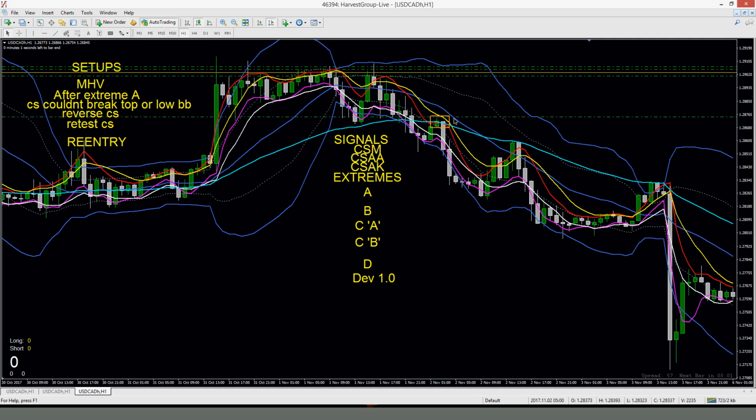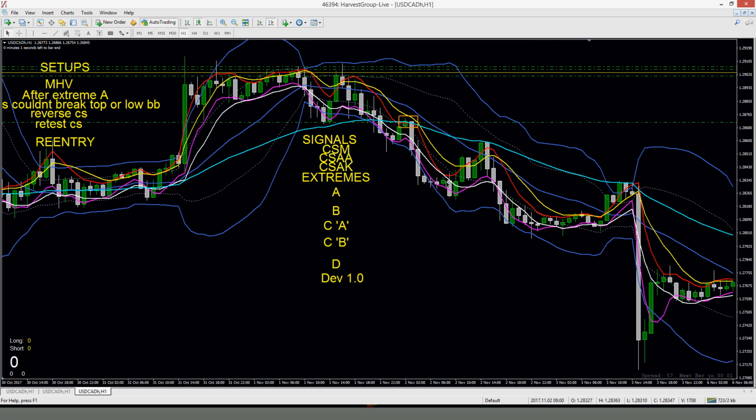So let's say, for example, you entry sell again at this point. Okay, then there's another CSM, so you hold sell, and then finally you see this one, MA5 rejected, sorry, the candle rejected MA5. So let's say, for example, you entry sell again at this point, and then all of a sudden the price went up here.